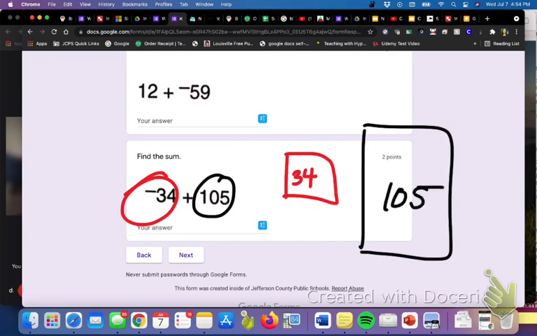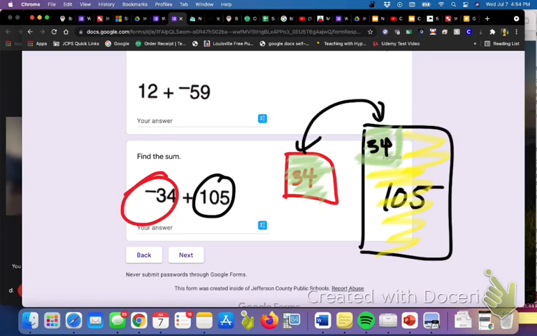So they're not the same sign. So we know that these 34 would cancel out 34 of that 105, right? So the final sum is going to be what's left over out of that 105 once you get done canceling these two sets out.